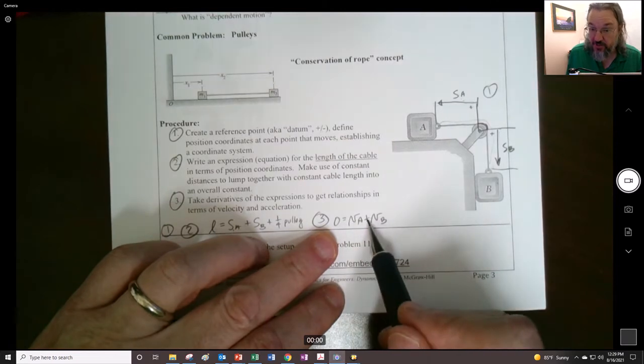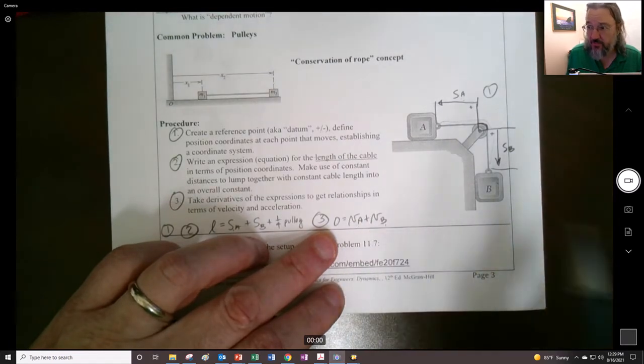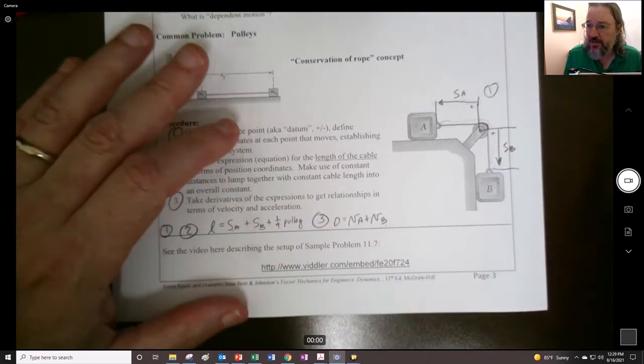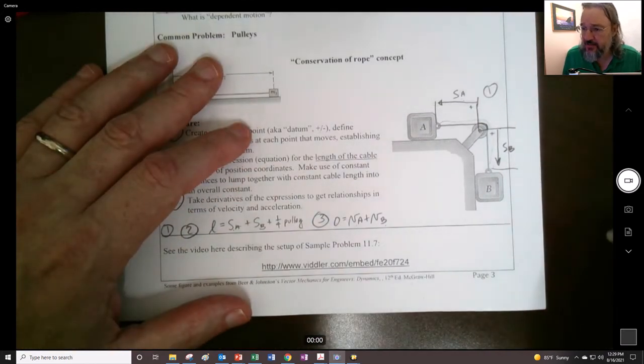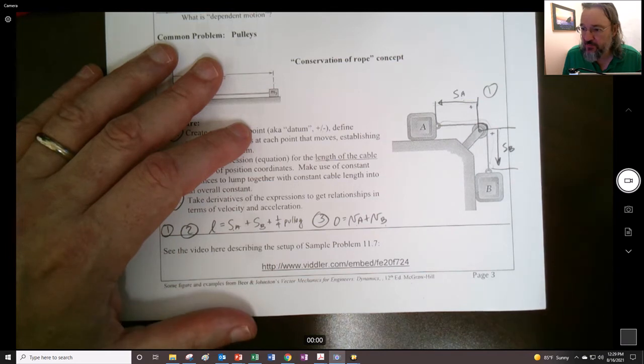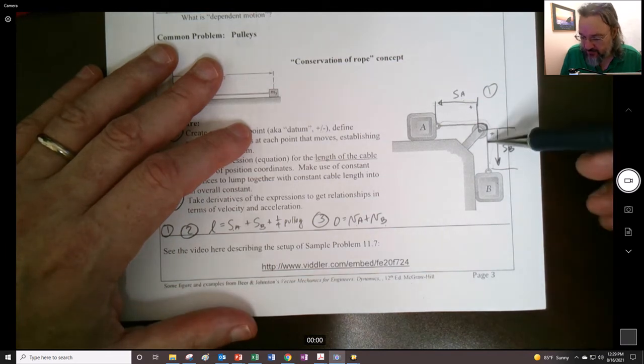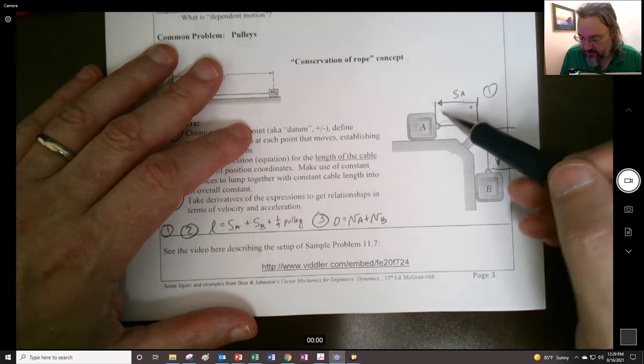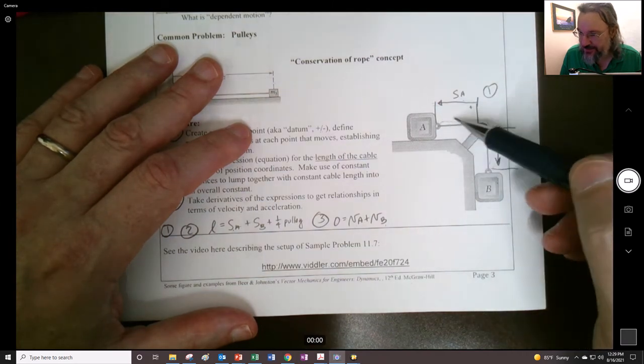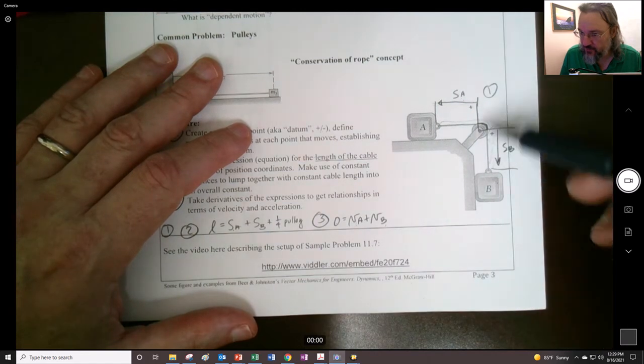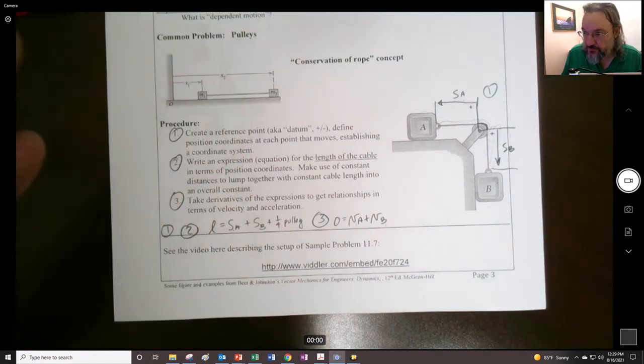So here we have a relationship: 0 equals velocity of A plus the velocity of B. But that means that the velocity of A is going to be equal to the negative velocity of B. So if this thing is increasing in its positive direction, this guy is decreasing in its negative direction, using those reference points. Makes sense, right?